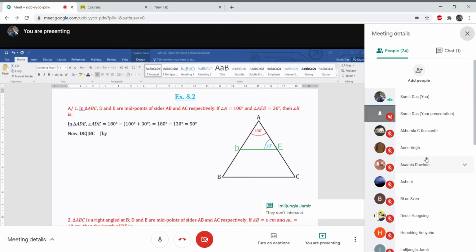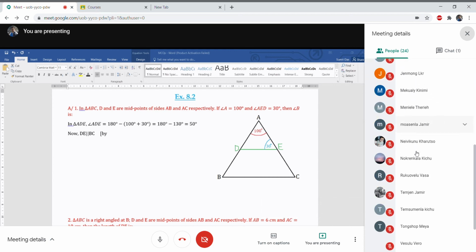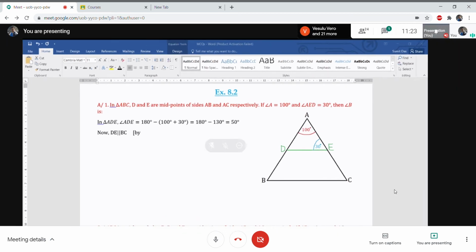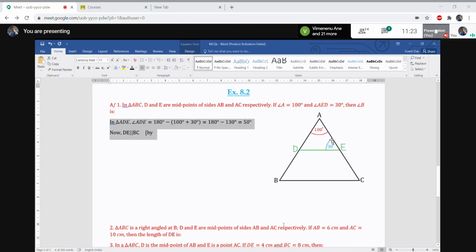No, there is a theorem. I told you to revise the theorem. By theorem 8.9, we know that if we join the midpoints of two sides of a triangle, then it will be parallel to the third side. So D and E are the midpoints of AB and AC. That means DE will be parallel to BC by theorem 8.9. Okay, you just check the theorem later.